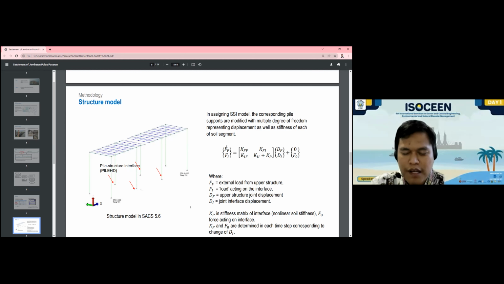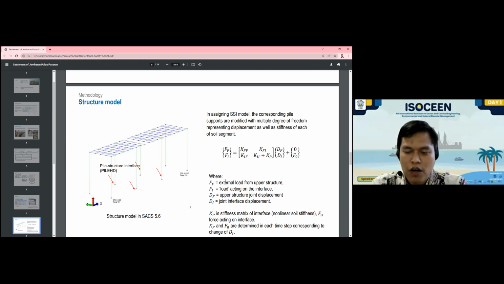We have FF and FI in the force vector, and we have KFF, KFI, KIF, KII, and KB in the stiffness square matrix, and we have DF, DI in the deflection vector, and we have F0 in the force vector.